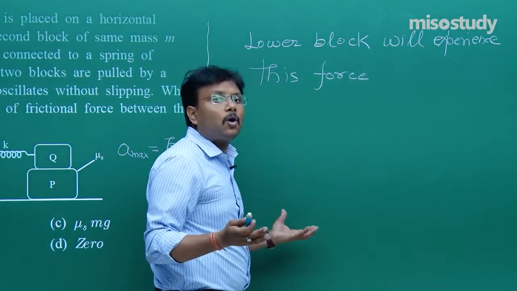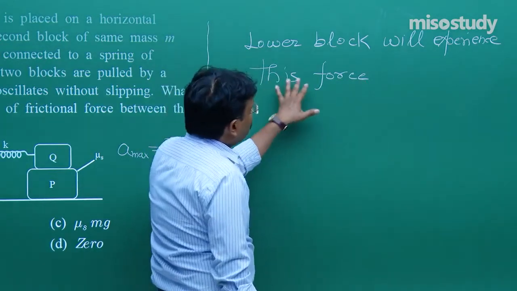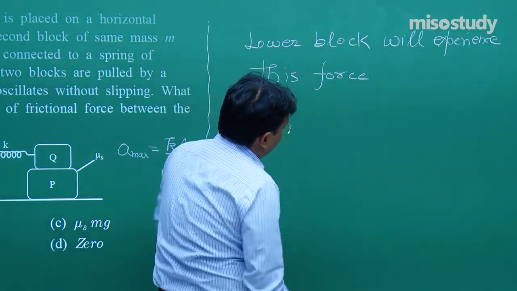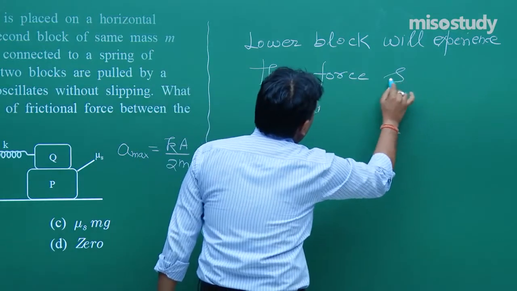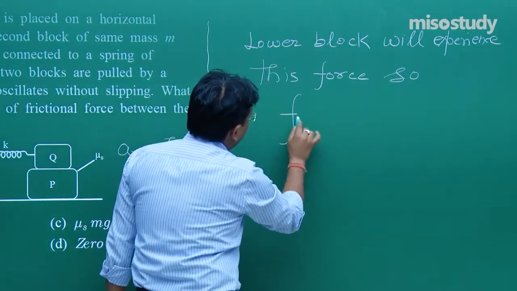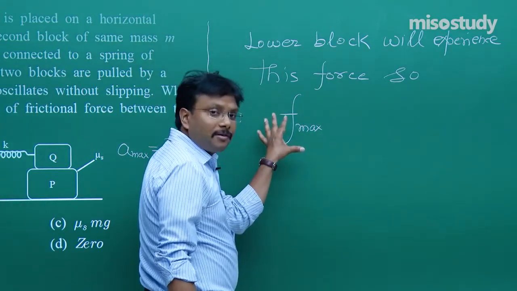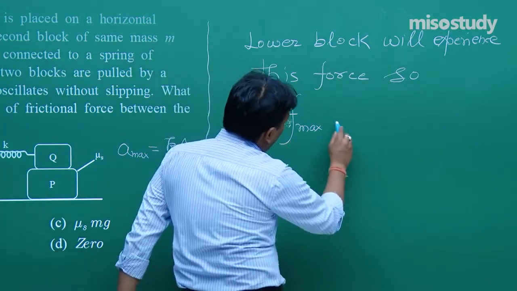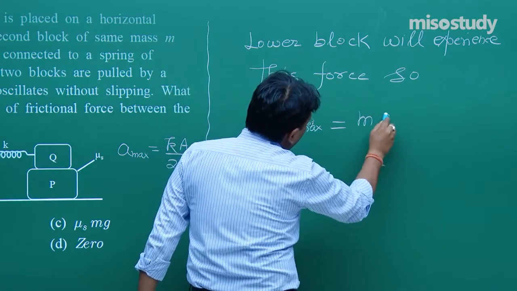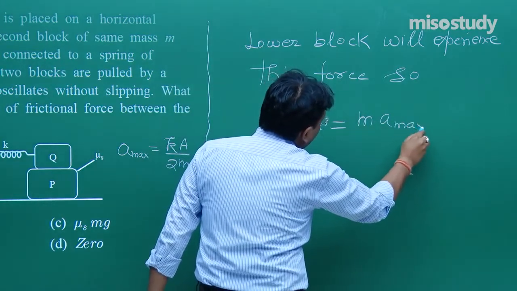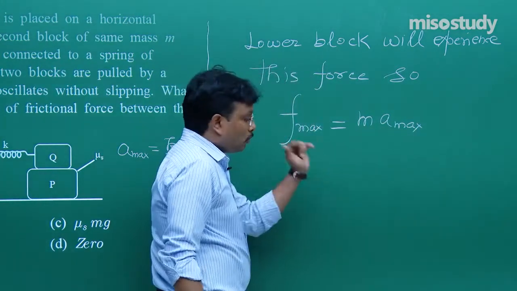You know the reason, because of the friction. Fine. So lower block will experience this force. So F max, because of the friction I am using this F. So F max is equal to M A max. No problem. Fine, for the lower block.